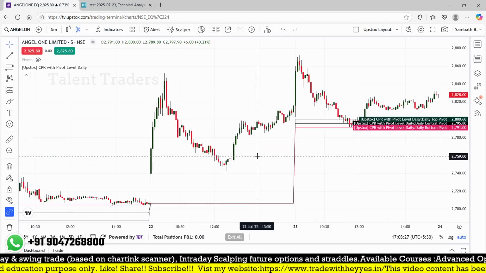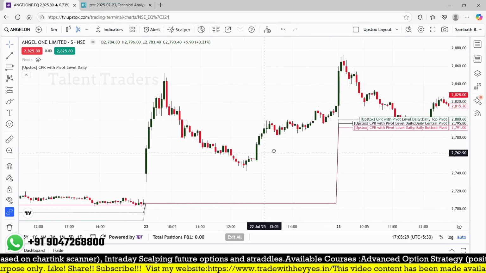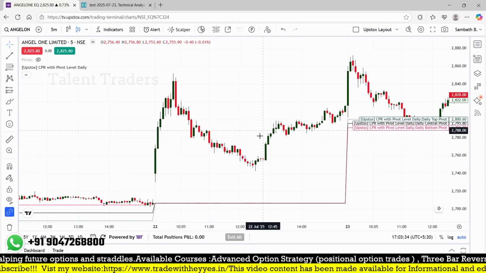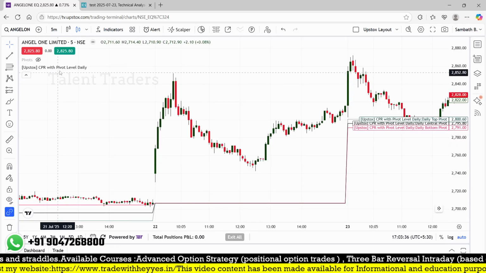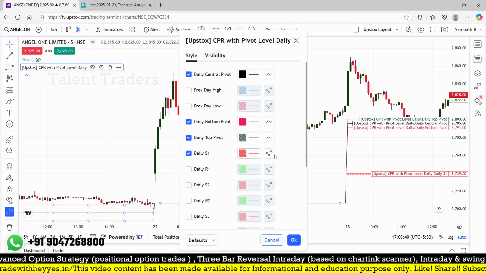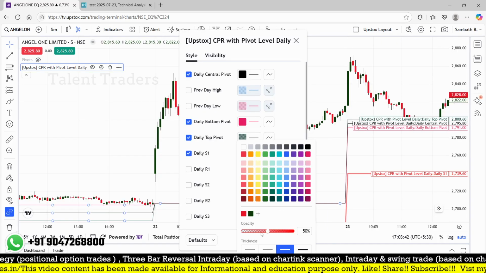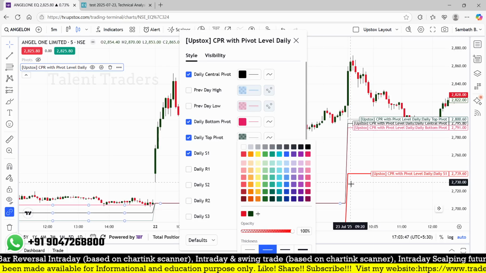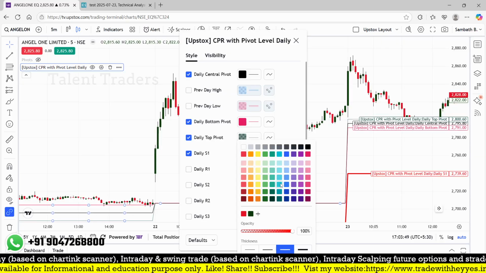So on 22nd July here, it opened above R1. So we need to know what the R1 value is. So let me go with this code, and this is S1. So we use a line, and we can make the support S1 a dark red line, or even bold it.